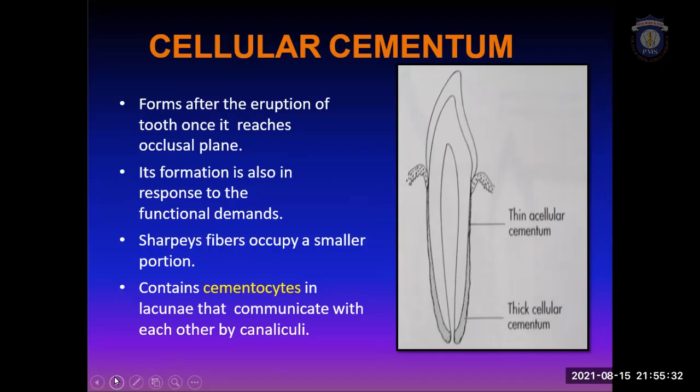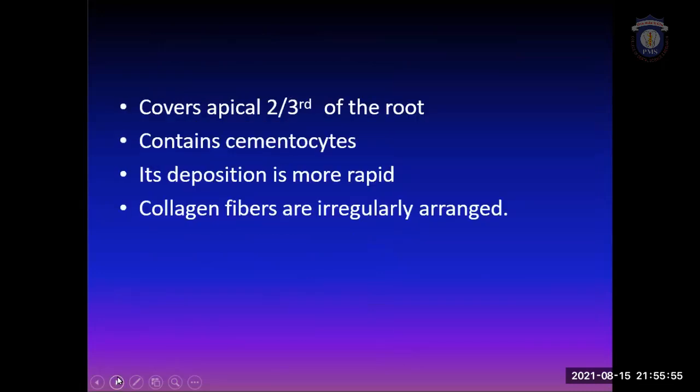Since cementum is an avascular tissue, these cells require nutrition, so they communicate with each other through canaliculi, and they are embedded within small areas within the cementum known as lacunae.